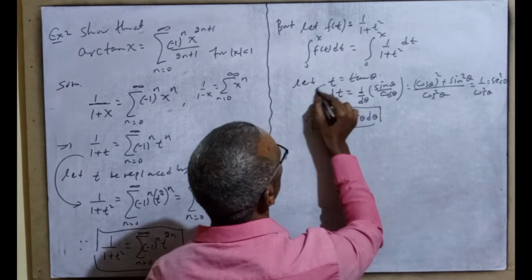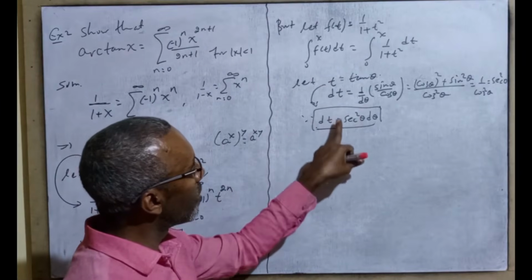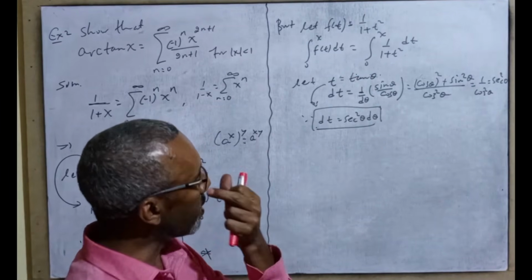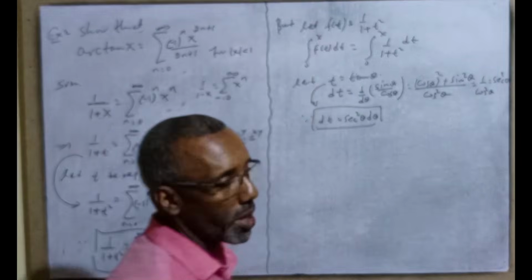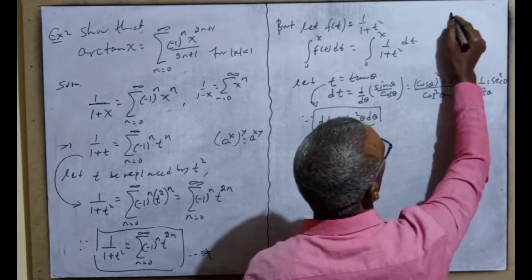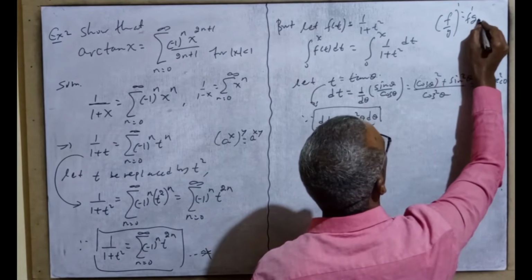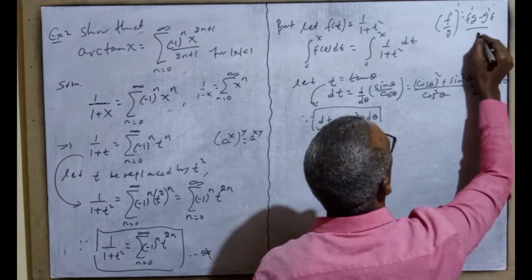So if t is tan theta, the derivative of t is sec square theta d theta. What did we apply here? The quotient rule: for f over g, the derivative is f derivative times g minus g derivative times f, divided by g square.